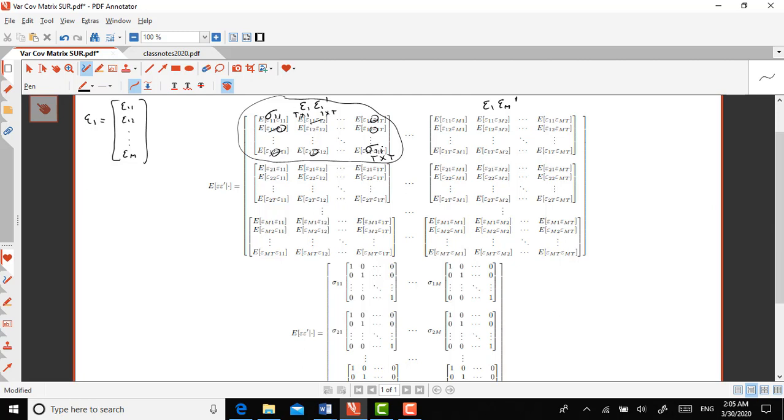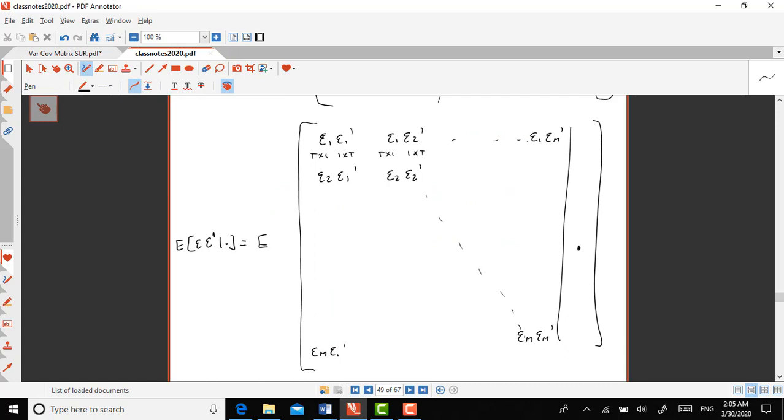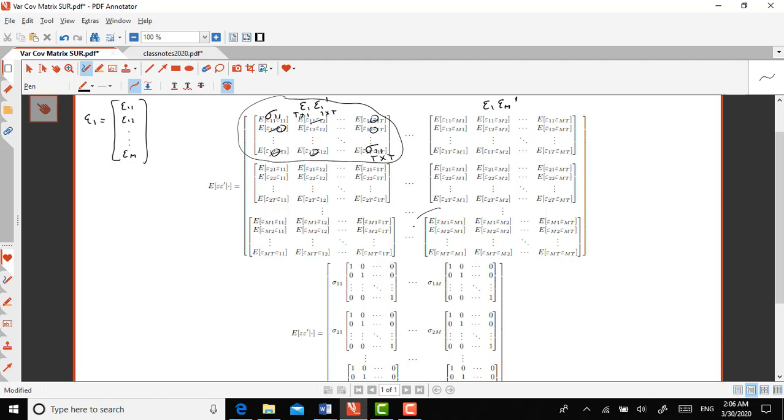We use 1,1. So actually, if we go throughout all the diagonal, again, going back to our matrix, these are the elements in the diagonal. So you see all these products in the diagonal correspond to the variance covariance matrix of the errors for each of the equations separately. Okay, so again, this one will be exactly the same thing.